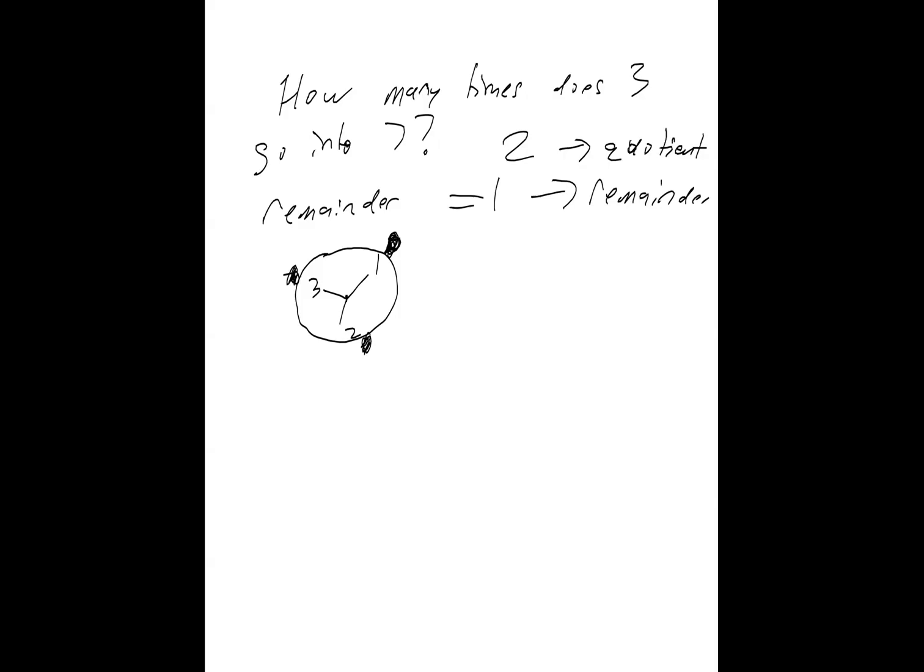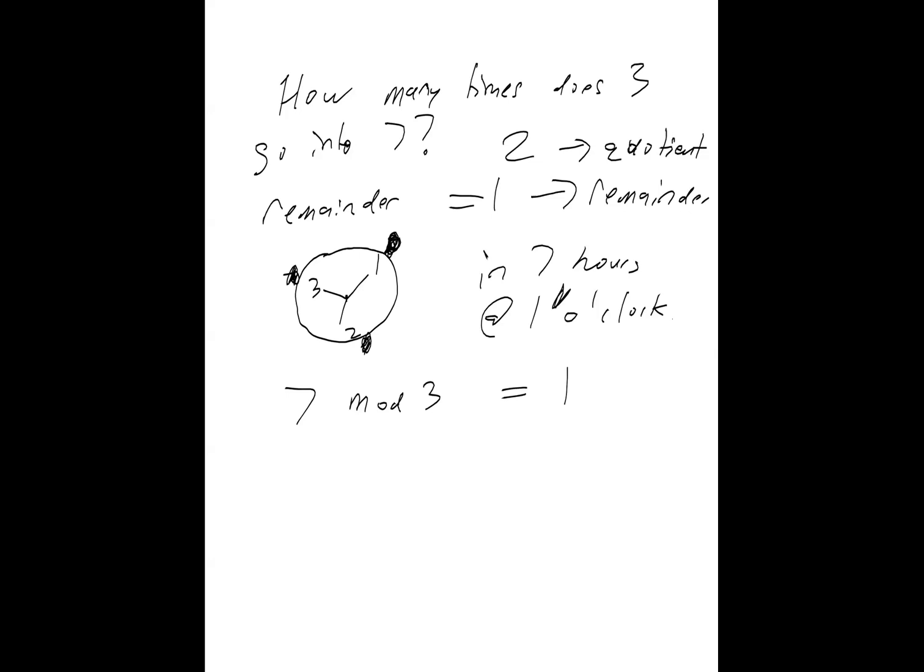You'd be at the 1 o'clock hour. So what we say is that 7 mod 3 equals 1.